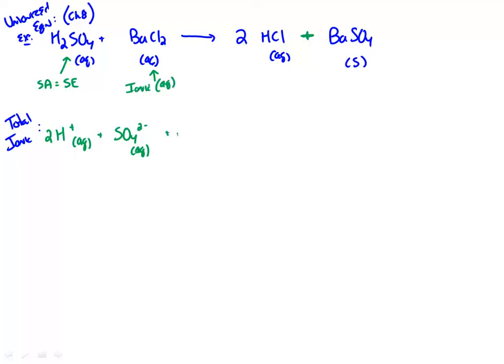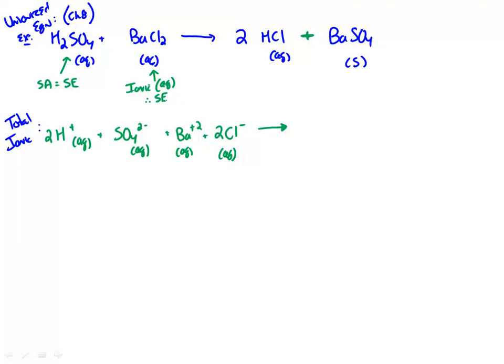And so we know that it forms barium 2 plus aqueous plus 2 Cl minus aqueous because it forms the ions, right? And so if it's ionic and aqueous, it means it's strong.